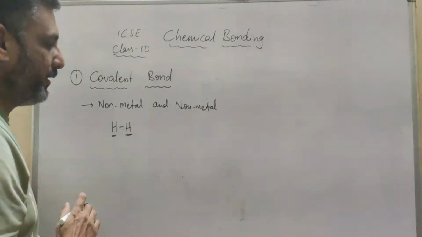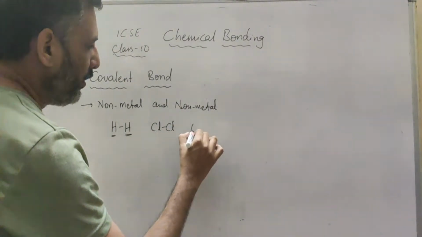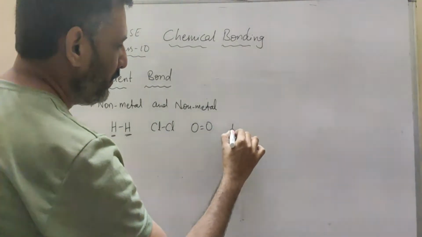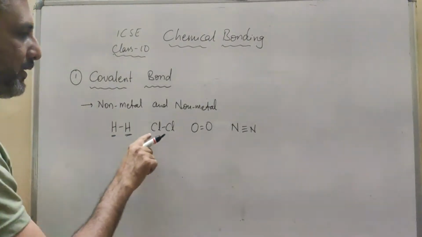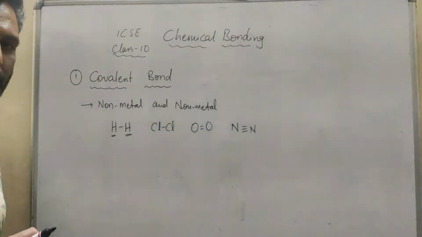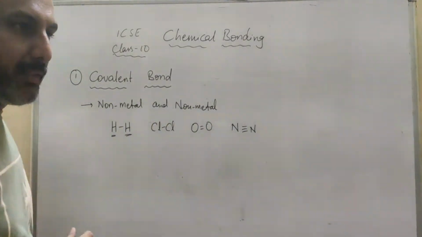We'll see how it is possible. Similarly, chlorine bond chlorine, oxygen double bond oxygen, nitrogen triple bond nitrogen. So we'll see why single bonds, double bonds and triple bonds are formed here. This is when you take identical atoms.